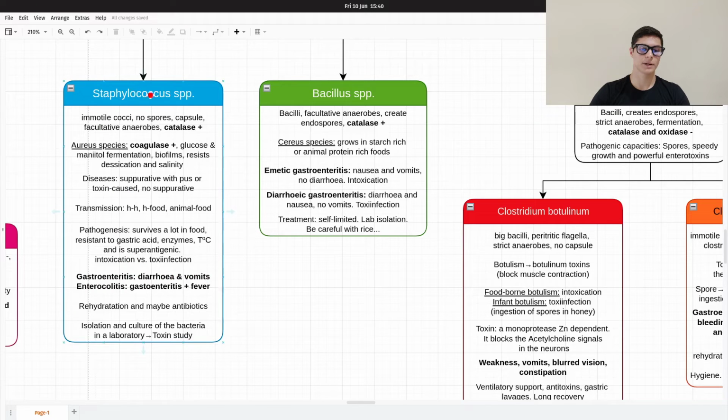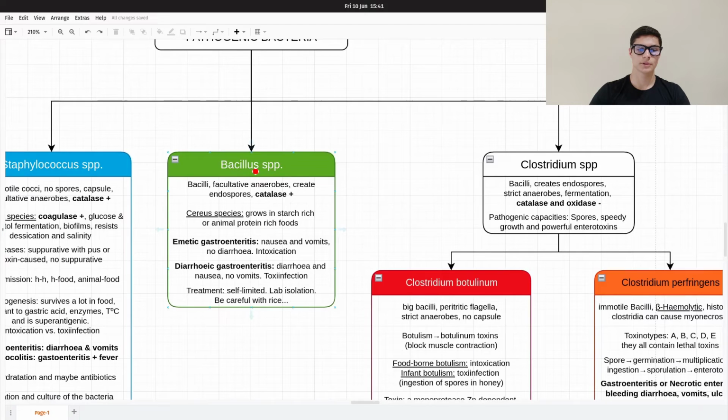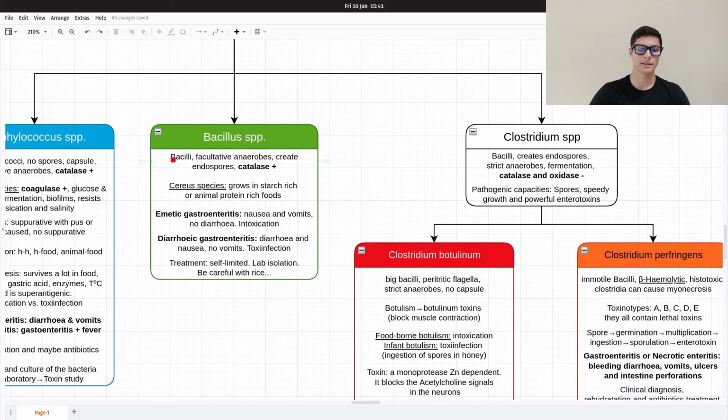But if it is present as a toxic infection, we talk about enterocolitis, which is gastroenteritis and fever. The treatment is rehydration and maybe antibiotics, and the prophylaxis, isolation and culture of the bacteria in a laboratory to study the toxin.